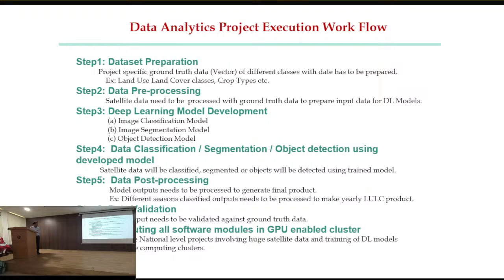Step 2 is data pre-processing for integration of the data sets, because all are heterogeneous data sets, so your model will not work. So you have to clean your data, pre-process your data to bring it down to a uniform format where you can work on your model. So that is called the pre-processing model.